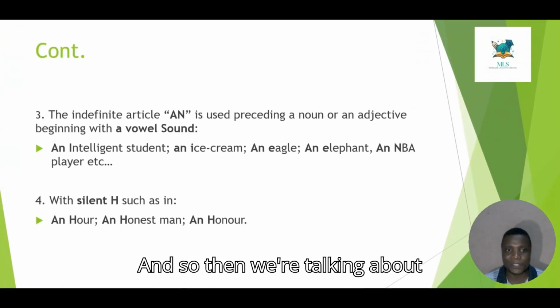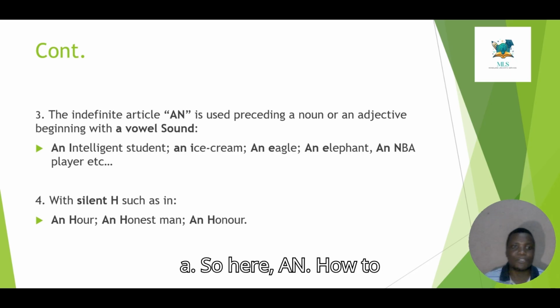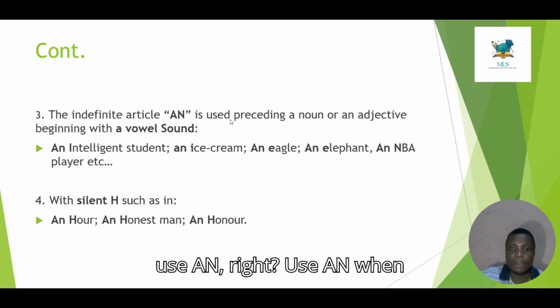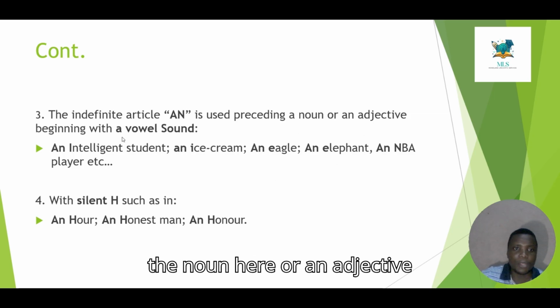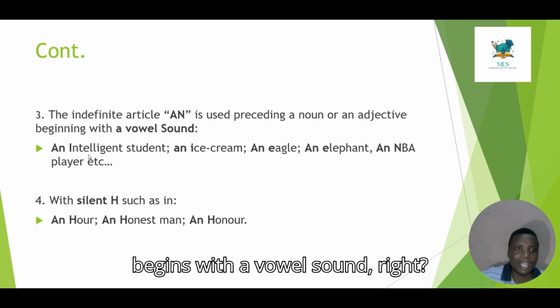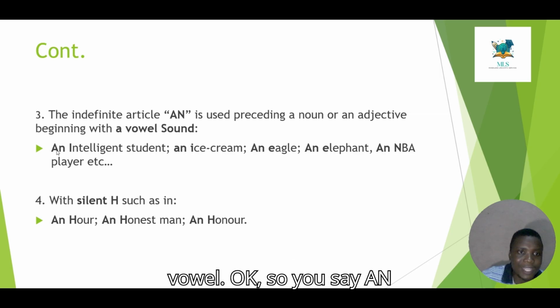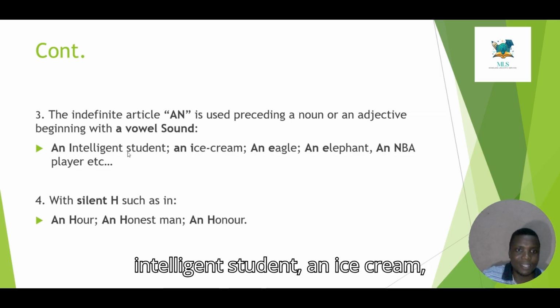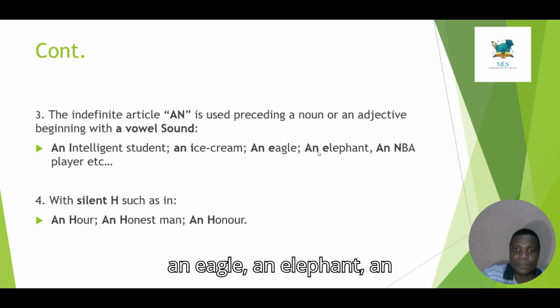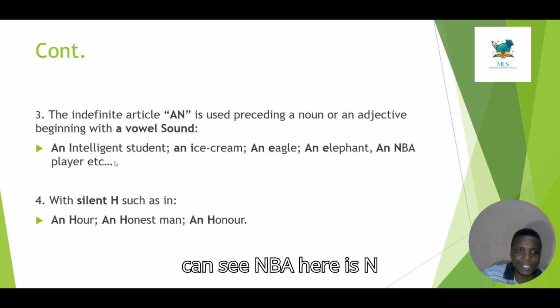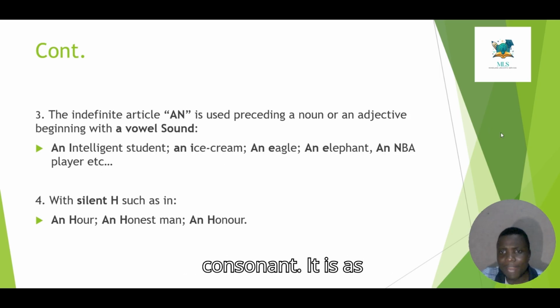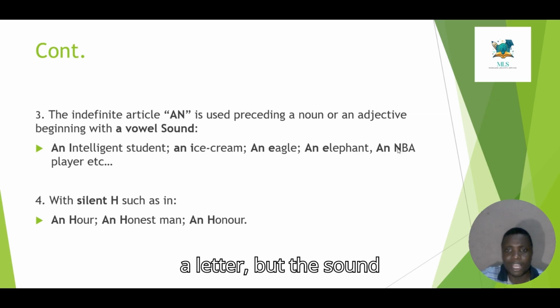So there we were talking about A. Now AN. How to use AN, right? Use AN when the noun or an adjective begins with a vowel sound. Like vowels. So you say "an intelligent student", "an ice cream", "an eagle", "an elephant", "an NBA player", etc. But teacher, I can see N here, it's a consonant.